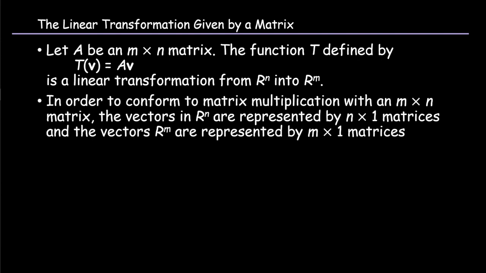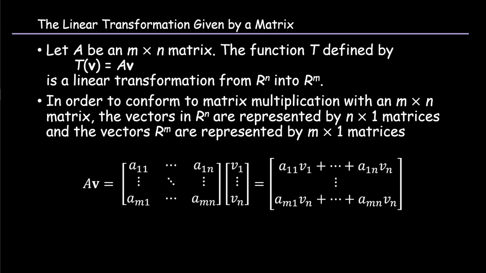In order to conform to matrix multiplication with an m by n matrix, the vectors in Rn are represented by n by 1 matrices, and the vectors in Rm are represented by m by 1 matrices. So this is how you pretty much look at it.